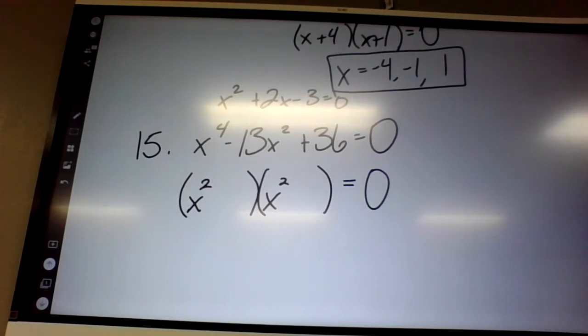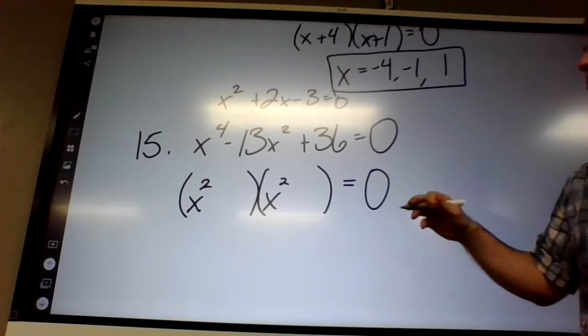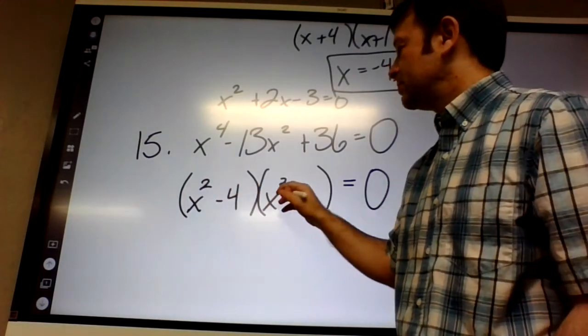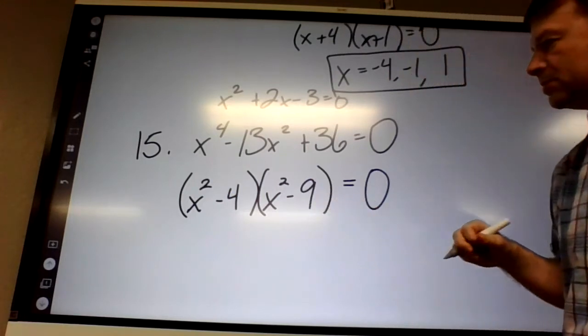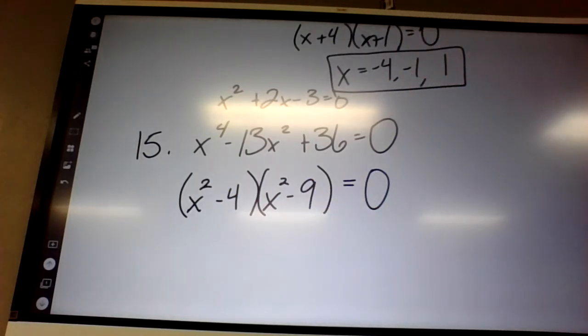No. 4 and 9, can we make that add up to negative 13? Yeah, if we make them both negative. Okay. No, you don't square root them.